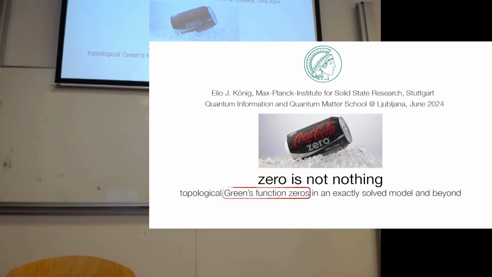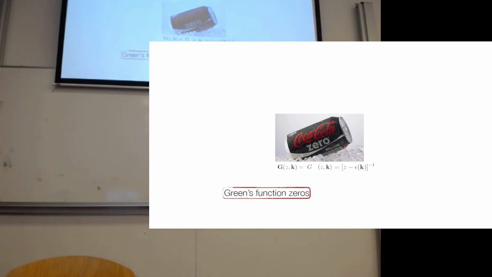So what is it about? So what are Green's function zeros? So this is the Green's function. z is complex energy, k is momentum. In a free system, we will use fat G for a full Green's function in an interacting system, and non-fat G as the Green's function in a non-interacting system.